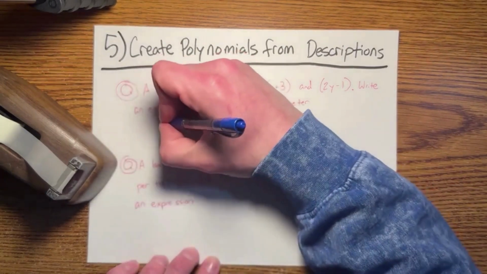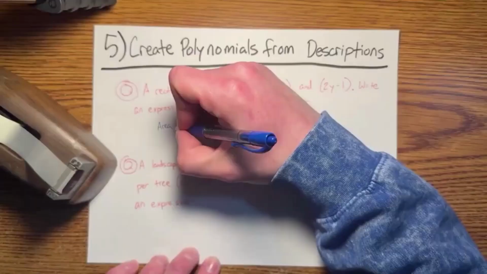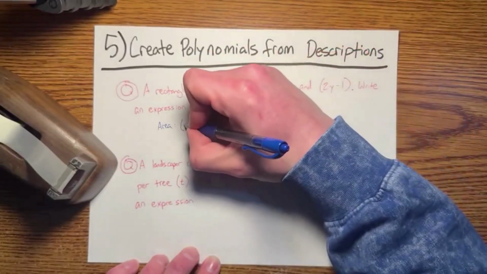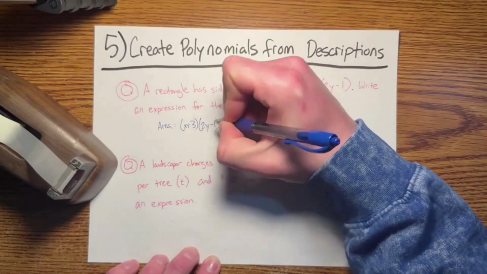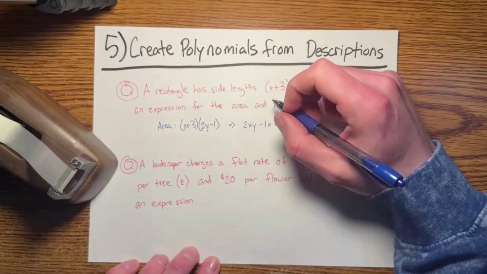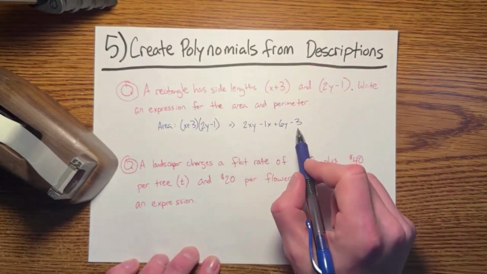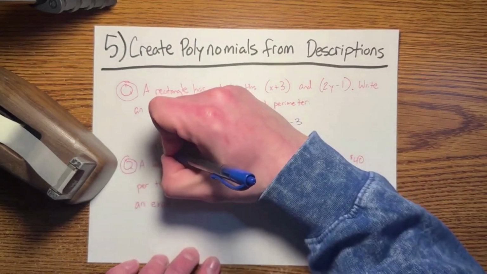So the area, we know, is simply going to be the sides multiplied by each other: x plus 3 times 2y minus 1. And then if we go ahead and multiply these through, we look and there are no terms we can combine, so either this or this will be our answer for area.